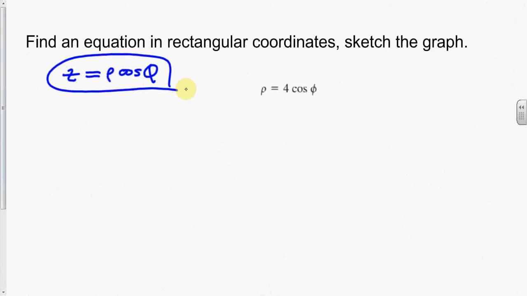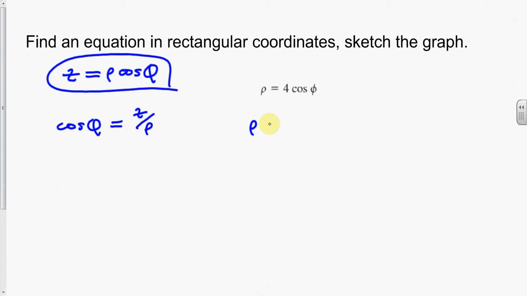So let's see what you got. Anybody get anything? I think I heard elliptic cone. Anybody else? So here's what I would think. There are several ways you can get at it, and either way is fine. But cosine phi, from what I have here in blue, is equal to z over rho. So I replace that cosine phi with z over rho.